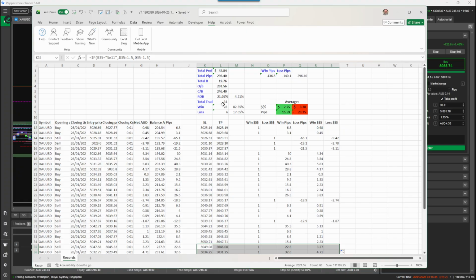I've put 34 trades on, and I've won 82.17% win rate. And I've lost more than I've won dollar-wise.